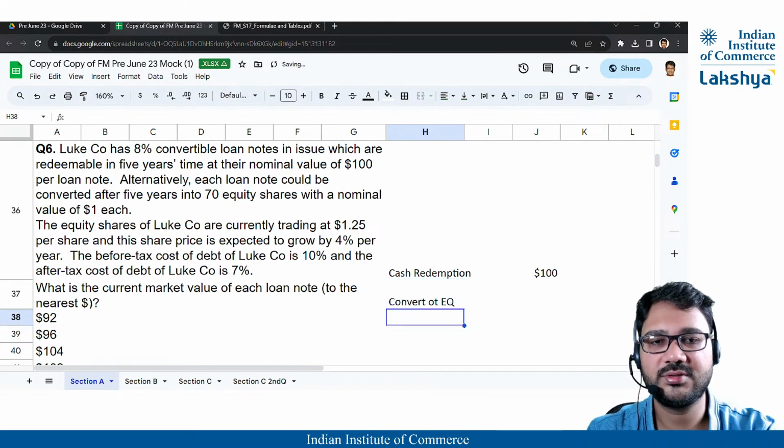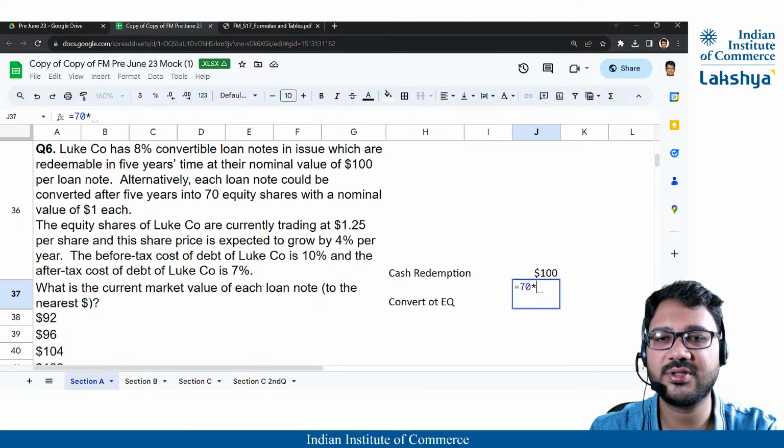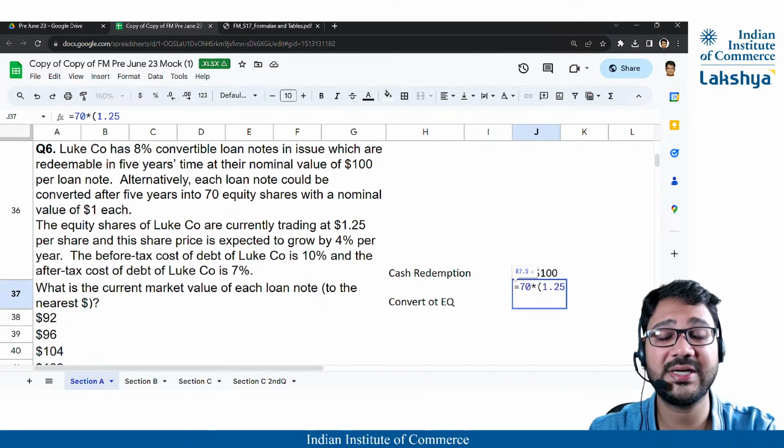If they convert to equity on redemption, then how much are they going to get? They can get 70 shares at nominal value. Now we won't value it at nominal, we value it at market value. Currently it's trading at 1.25, but we don't want the current price. We want what it will be after 5 years, when the redemption happens. So 1.25 times (1 plus 4%) raised to n, that's 5 years.